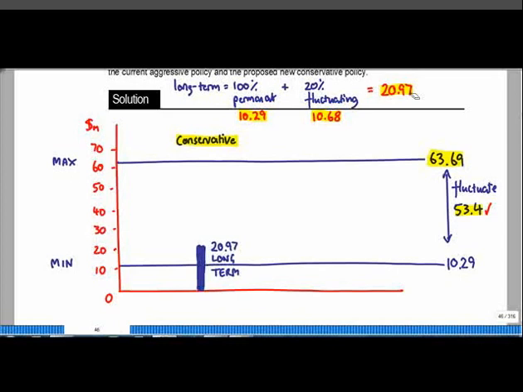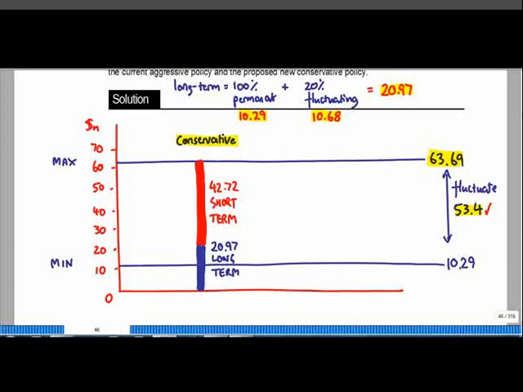So 20.97 of our required finance will be long-term. Now we know the maximum we're going to need is 63.69, so the balance must be short-term. So the balance here must be 42.72 to get us up to 63.69. Alternatively, we could work that out as 80% of the fluctuating net current assets.